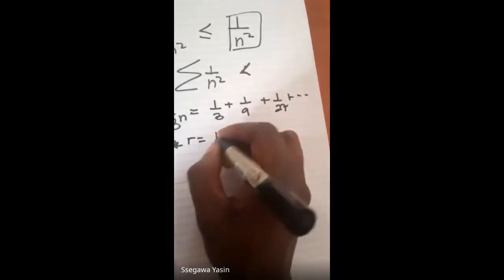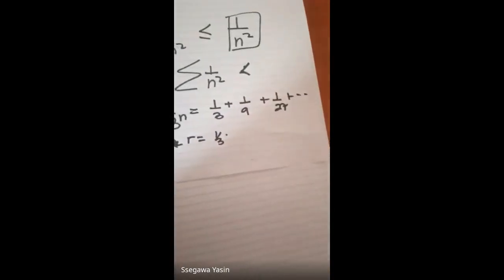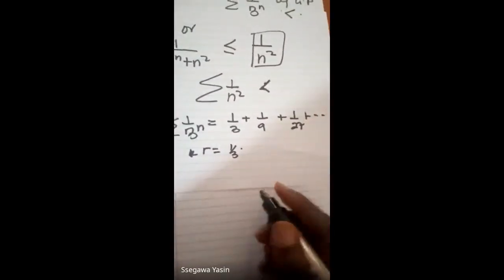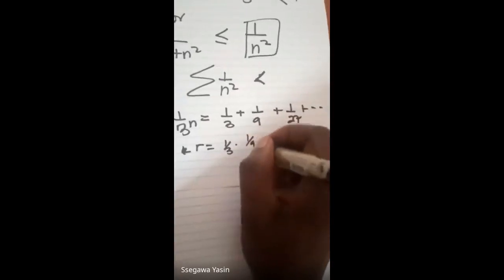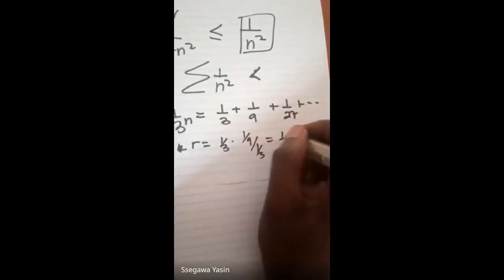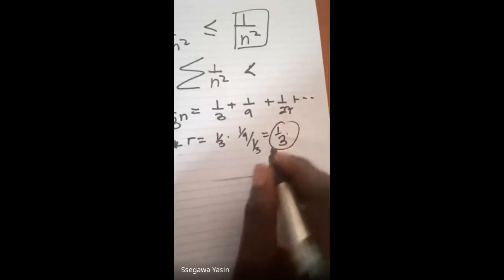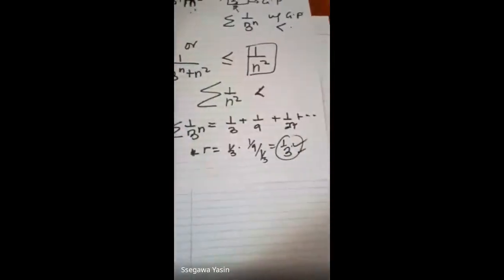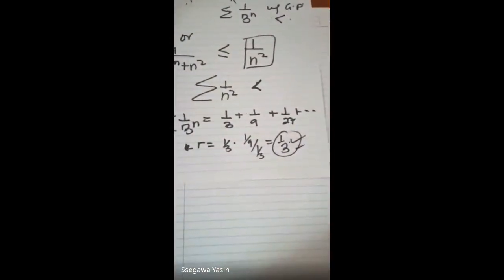Is it a third? You check. But that is how we do it. Then you say 1 over 9 divided by 1 over 3. So you get 1 over 3 as your ratio. Then you continue, you know the ratio tests.